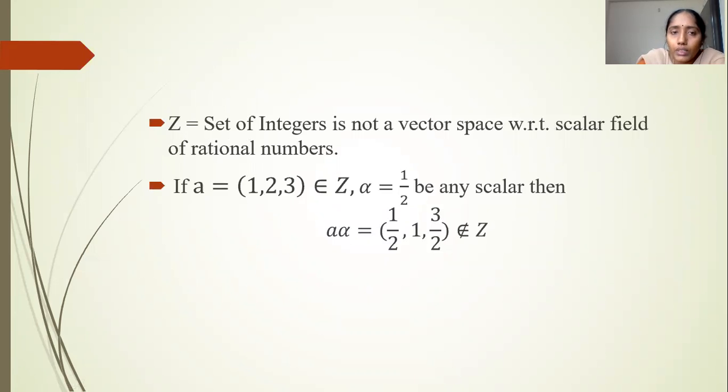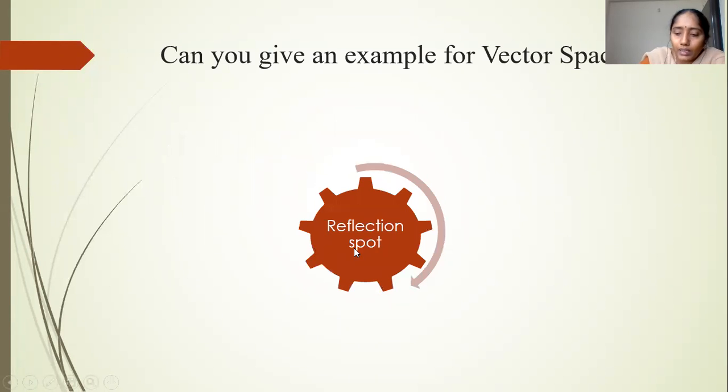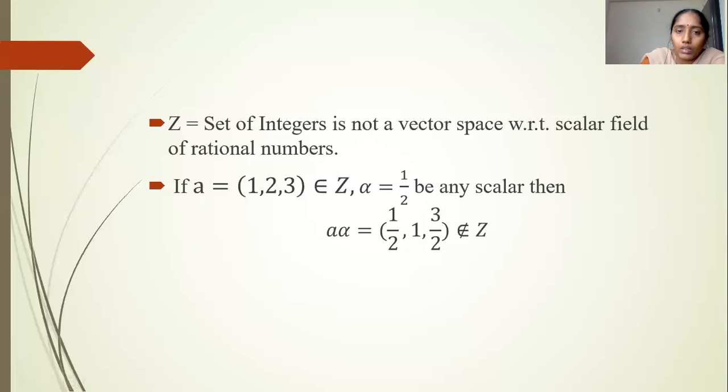If we consider A is equal to the vector 1, 2, 3 belonging to Z, and I consider alpha as 1 by 2, a scalar from the rational numbers, then if we find the scalar multiplication alpha A, that is 1 by 2, 1, 3 by 2.